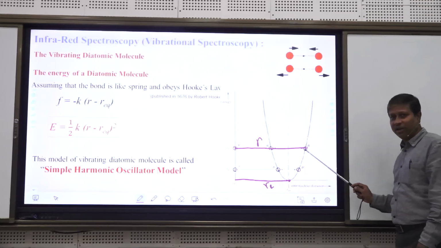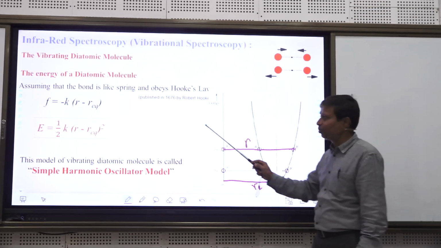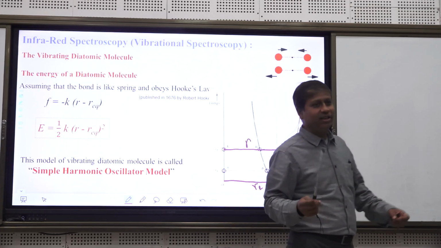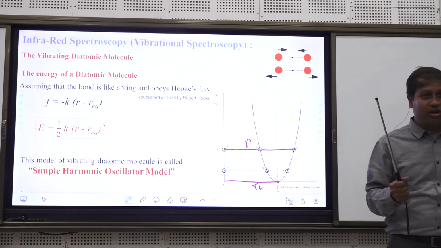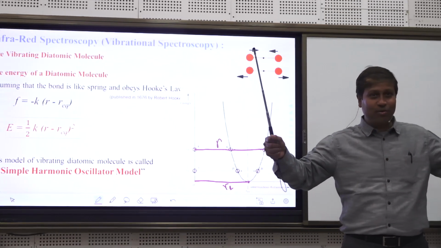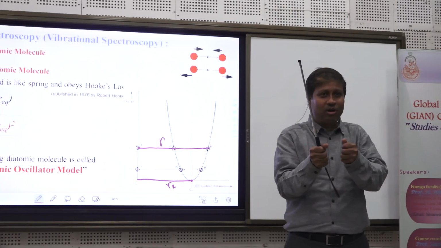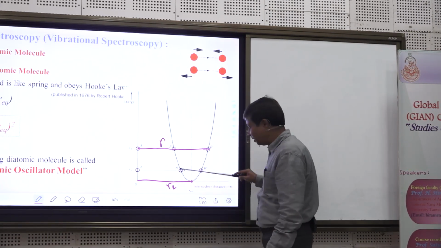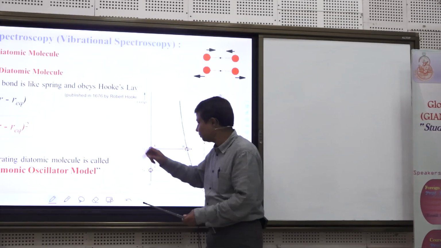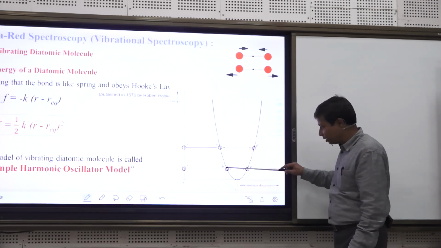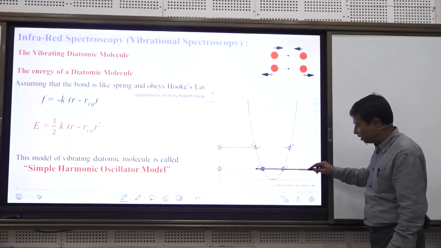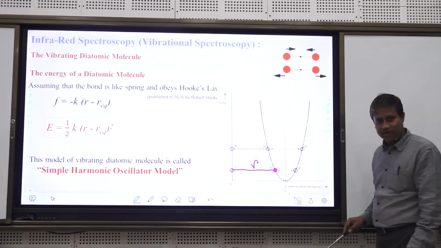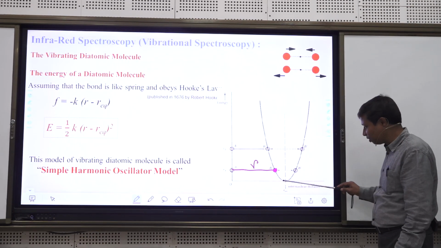R is bigger minus R equilibrium, so this is a positive quantity, with the minus. What this minus says is that an attractive force is working on it, because two atoms are forcibly separated, so they will try to come close. In the opposite case, say here, this is the R in the compressed condition, and the equilibrium distance is from here to here.